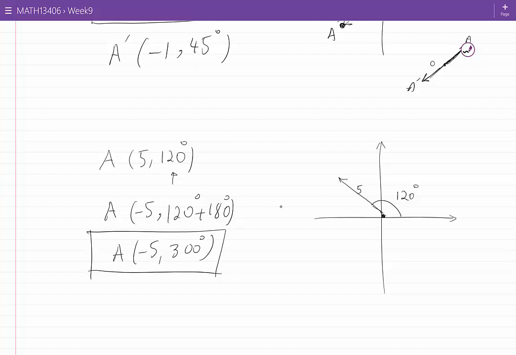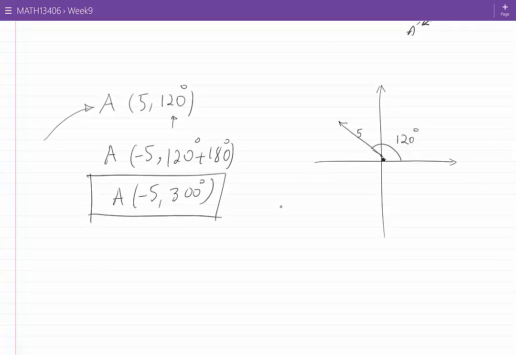Let's now go back to the original point, which was A, 5 and 120 degrees. This time subtract 180 degrees from 120 degrees. You would have 120 degrees minus 180 degrees for the angle. But if you look at the sketch, you would see that 120 degrees minus 180 degrees will end up in the fourth quadrant again.